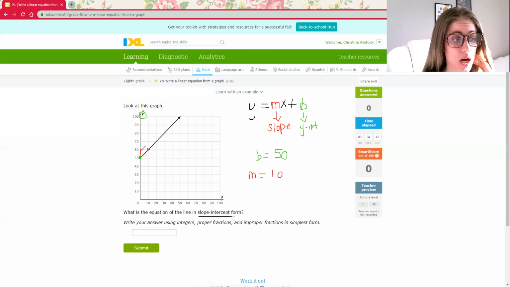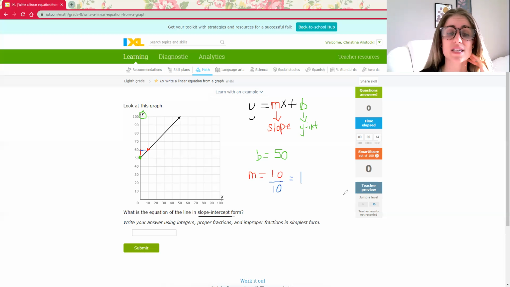And then we run 1 space, but my x is also counting by tens, which means that is a run of 10. The slope of our line is 10 over 10, but we always want to simplify our answer. What's 10 divided by 10? 1. Our graph has a slope of 1. That's all the information we need.